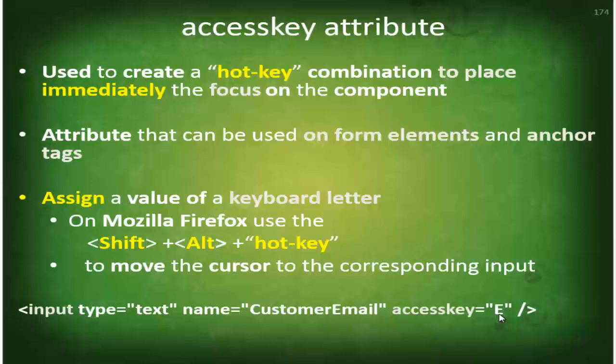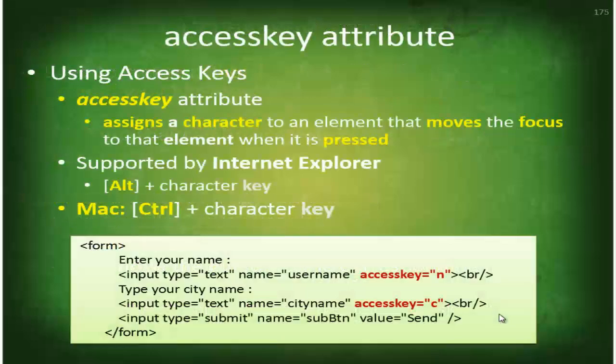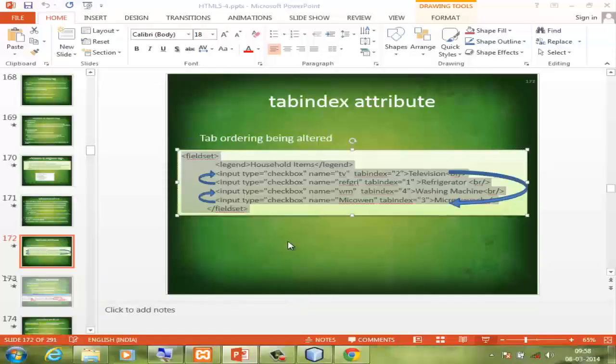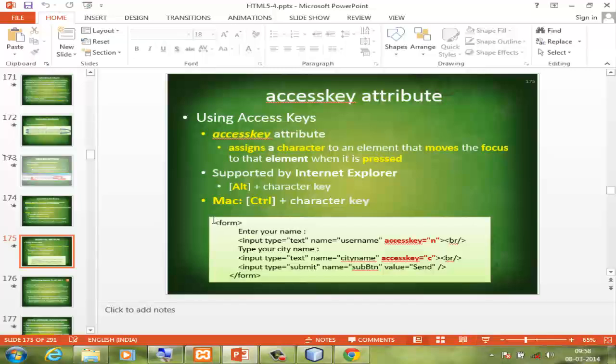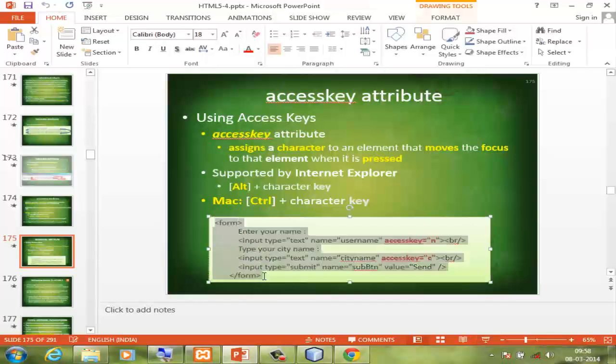Whereas with Internet Explorer as well as Chrome, you have to just hold the Alt followed by the key. So there's a small problem, but I think your user will get used to it. Suppose they are using Firefox, they know that they have to use Shift, Alt, and the key for the activation. So let me again escape it because I'm running out of time.